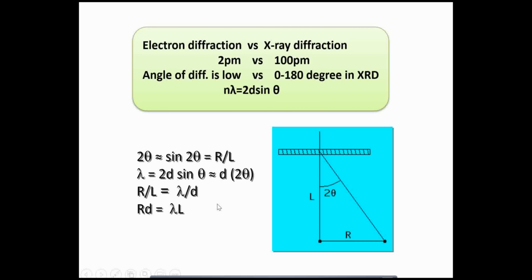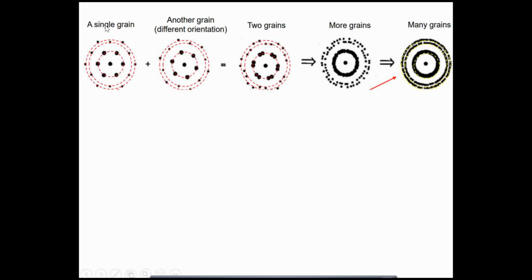If you have a single grain, then the diffraction pattern will look like this, well spaced diffraction points, uniformly spaced. If you have two grains, then you get this kind of diffraction pattern.